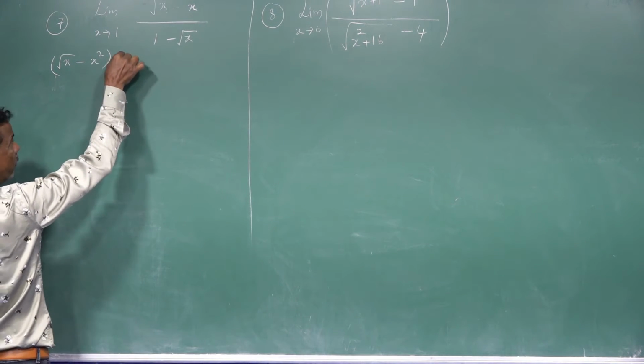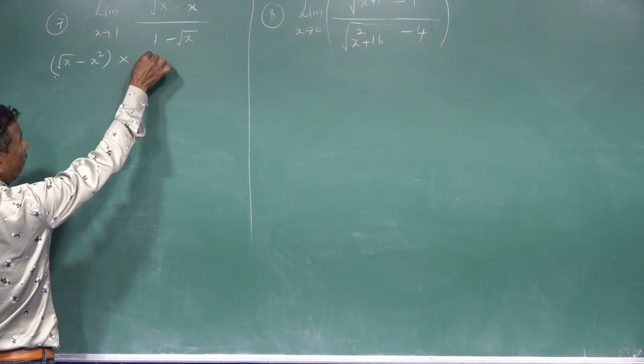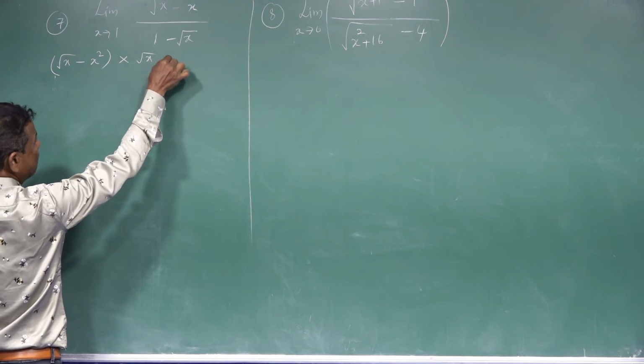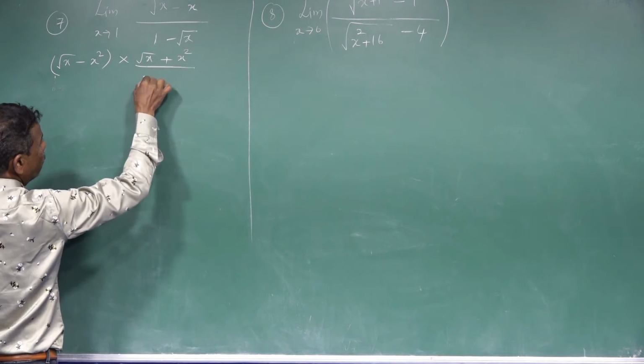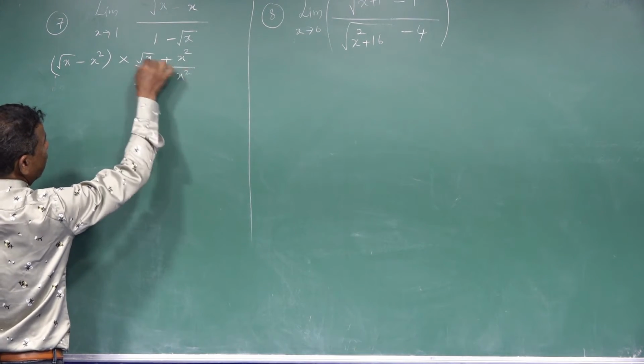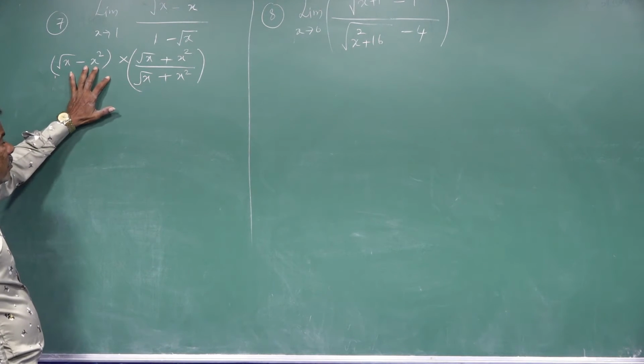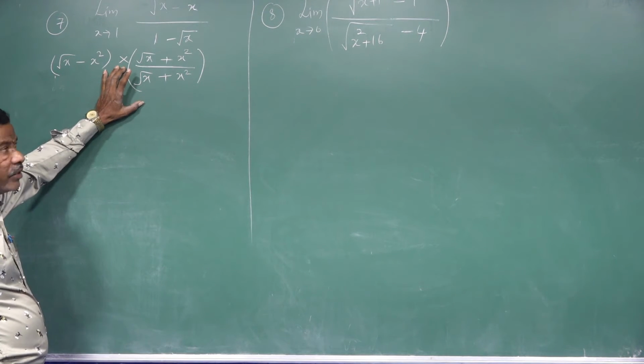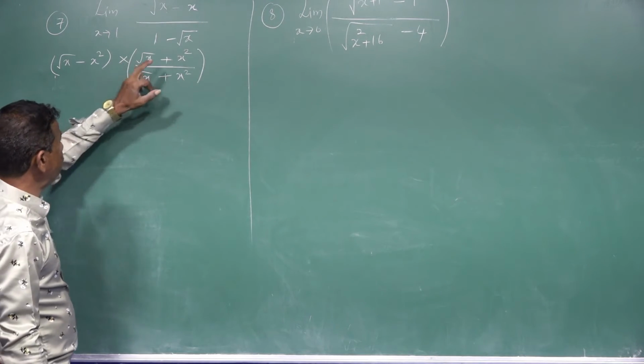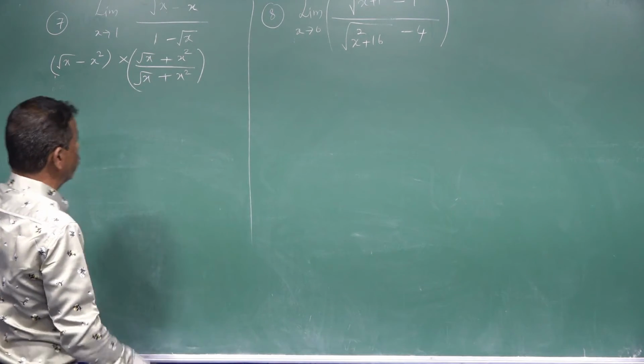For this rationalization, root x plus x square by root x plus x square, for the numerator. At the same time, the denominator also has a root.